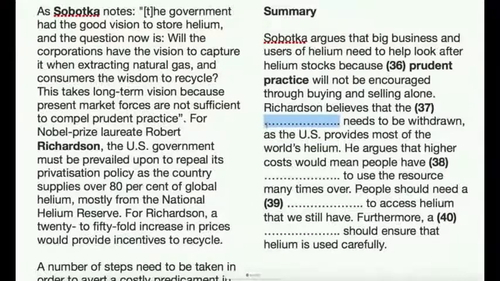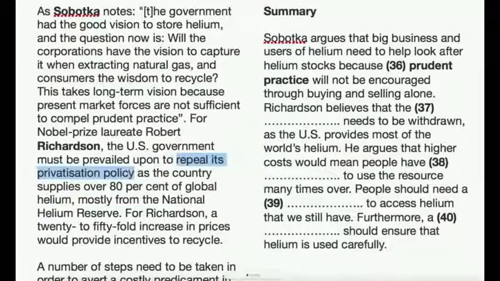If we look a bit more closely here, it says something needs to be withdrawn. So it's something is being taken away or removed. If we read here, the US government must be prevailed upon to repeal its privatization policy, as the country supplies over 80% of global helium, mostly from the National Helium Reserve. Well, it says here, repeal its privatization policy.